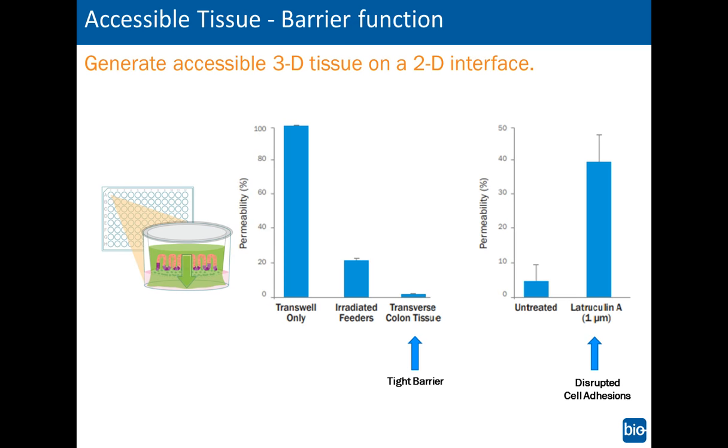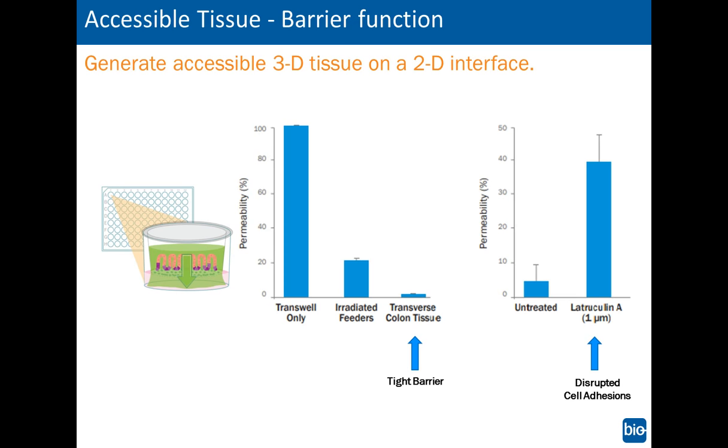So here's an example of a 96-well formatted air-liquid interface culture. So this is amenable to high throughput as well. You can perform TEER measurements, but in this case we used fluorescently conjugated dextran, which you add to the top of the well of your transwell, and then you can wait for it to diffuse through to the bottom layer, which you then will take and read for the fluorescence.